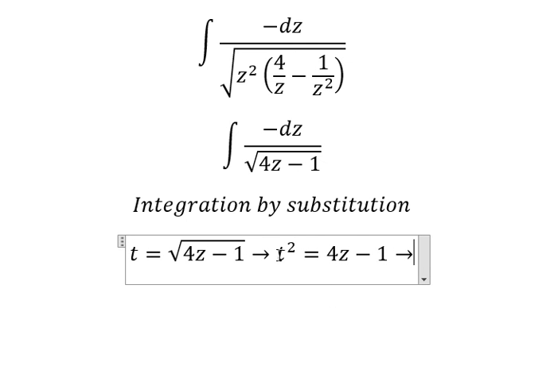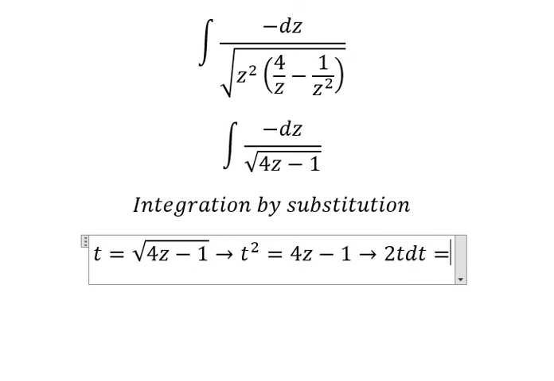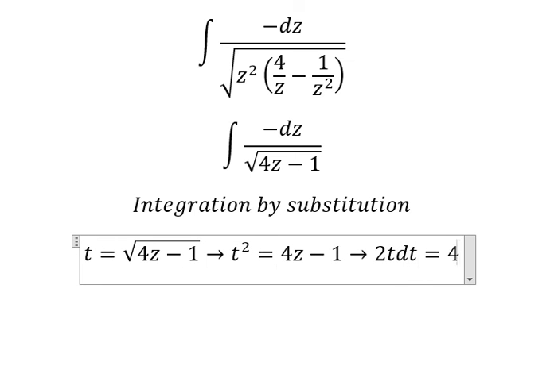Next, we need to do the first derivative for both sides. First derivative of t squared, we have 2t dt. First derivative of z, you get number 1, so we have 4. First derivative of negative number 1, this is a constant, so you get 0.